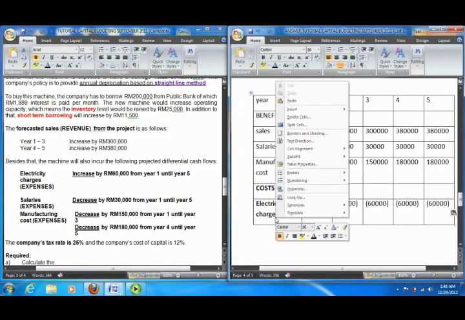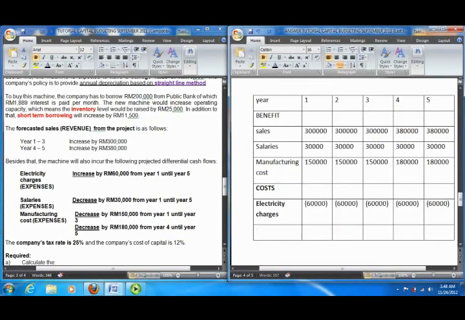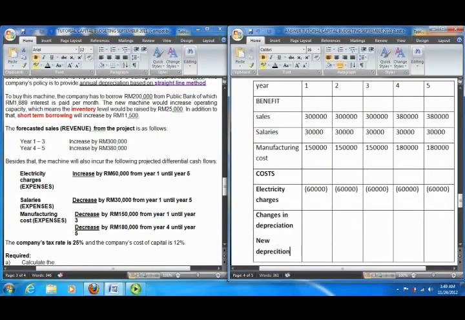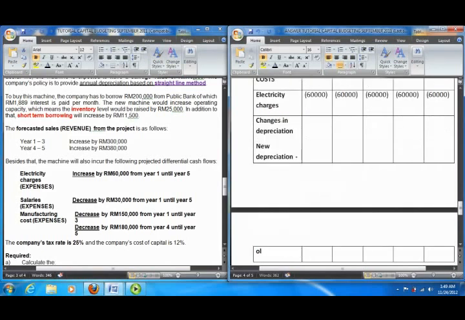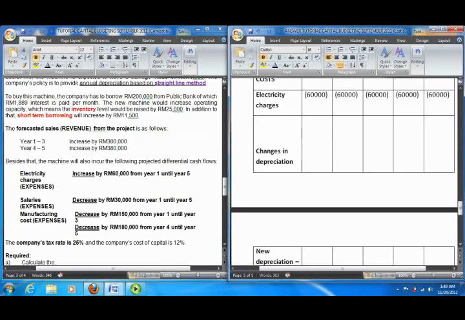Alright, class. Now, the next step is, remember, it's compulsory for you to put changes in depreciation. This is compulsory, alright? Don't forget to put it. Class, the formula for changes in depreciation is new depreciation minus old depreciation. So how to calculate changes in depreciation?